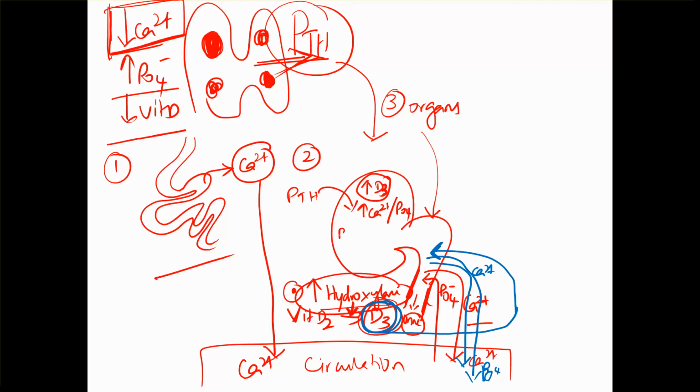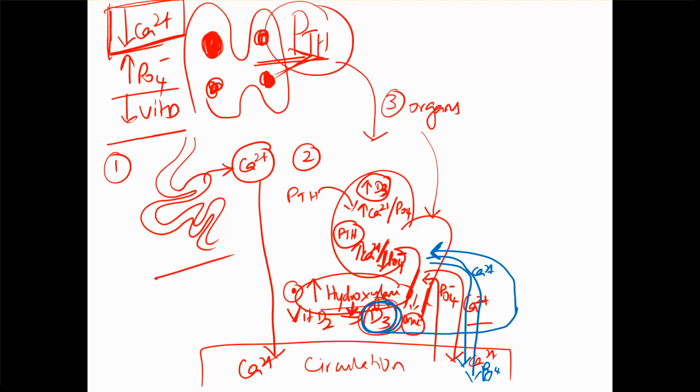Then the parathyroid hormone goes to the renal tubules. They increase the calcium reabsorption, but they decrease the phosphate and increase the phosphate excretion actually. So these two things you should know.